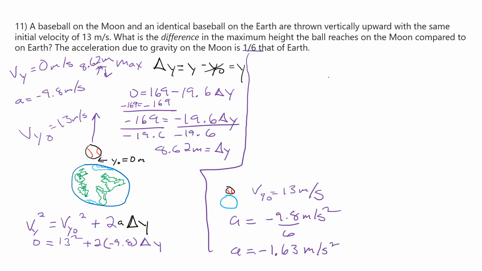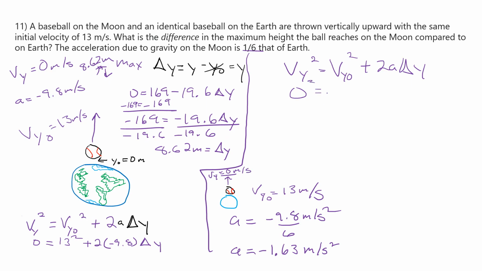So we do the exact same thing. v sub y squared is equal to v sub y naught squared plus 2 times the acceleration times delta y. Plug that in. This is still 0, right? Because when this ball goes up, my final velocity in the y direction equals 0 meters per second.